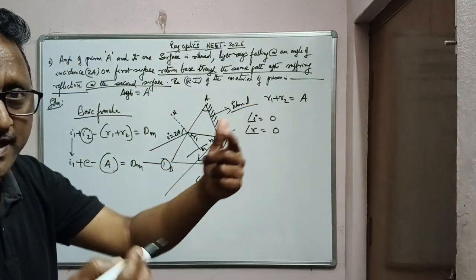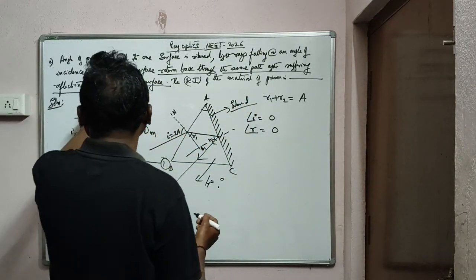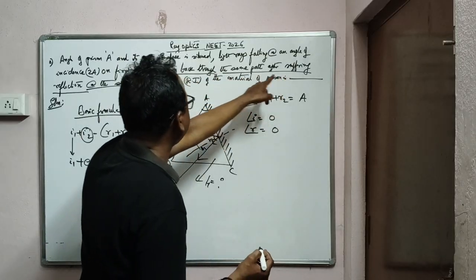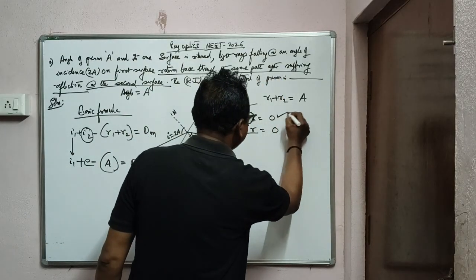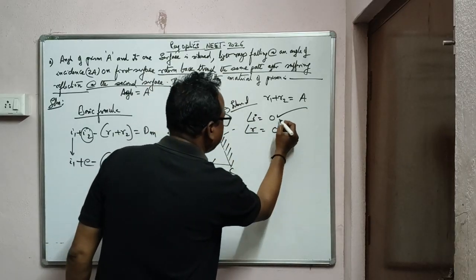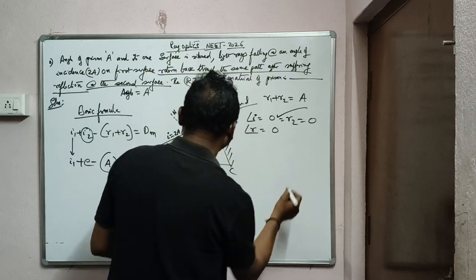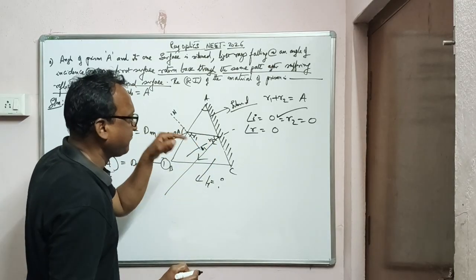After hitting that, it is again coming back, means what does it mean, చూడండి, it returns back to the same path, అదే పాత్‌లో వచ్చేస్తుంది దానికి. So angle of incidence is 0, ఇక్కడ 0 ఇది, that is nothing but r2 is 0 at this angle, second surface.